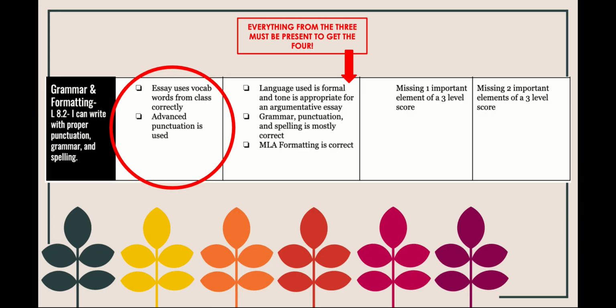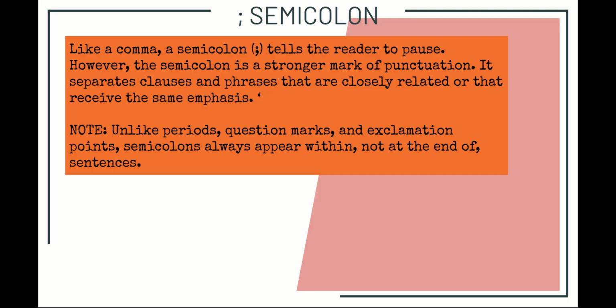All right, let's talk about advanced punctuation. So the 3 that I'm going to talk about in this one are semicolons, colons, and em dashes. So semicolons are like a stronger version of a comma. They still tell you to pause like a comma does, but it's almost like a bigger comma that tells you to pause for longer.